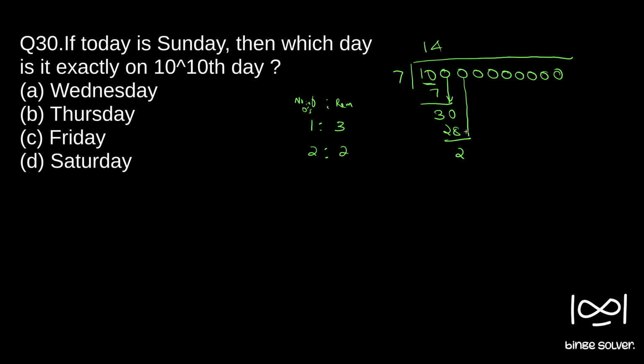And we can bring down another 0. Again 2, 14. So if we had three zeros, our remainder would have been 6. And we will bring down one more 0, 60. Then we have 8, 56, 4. So if we had four zeros, our remainder would have been 4.